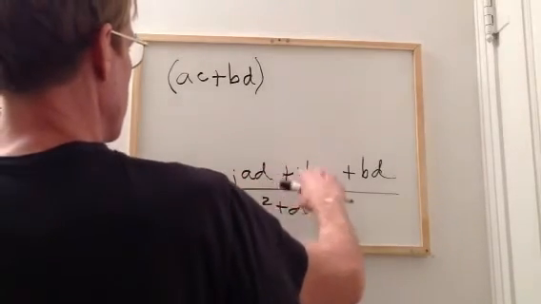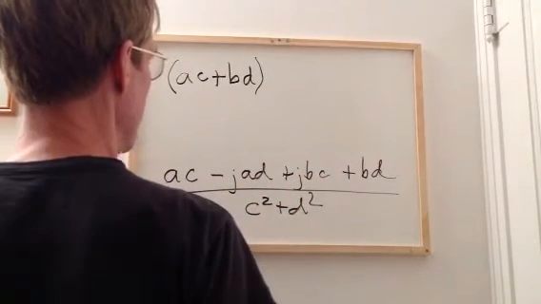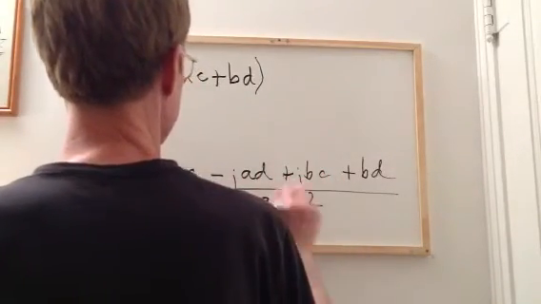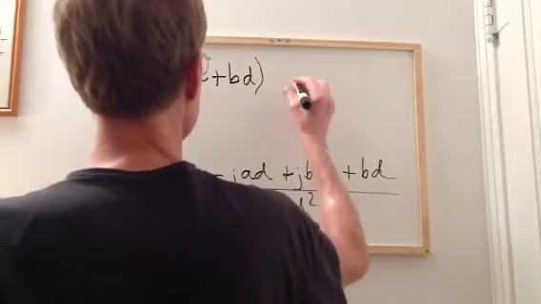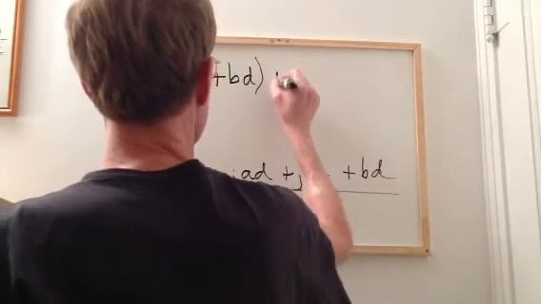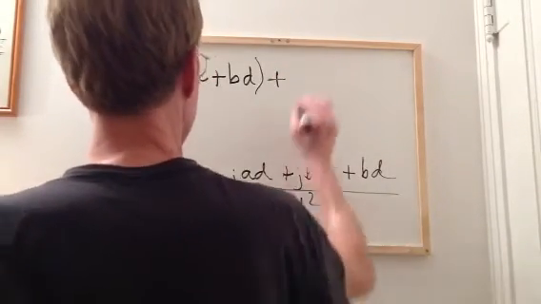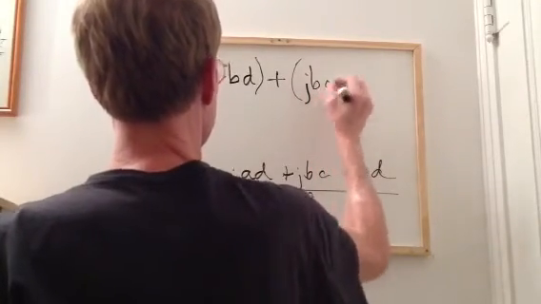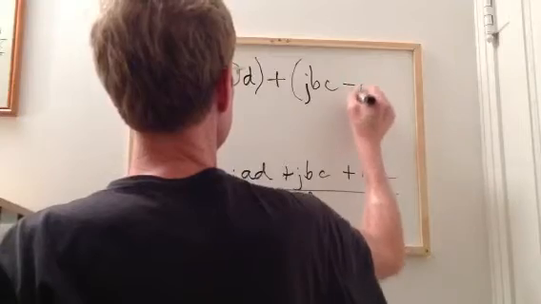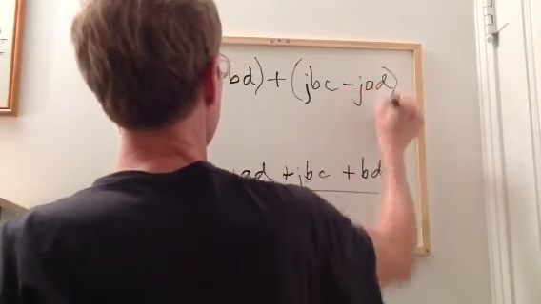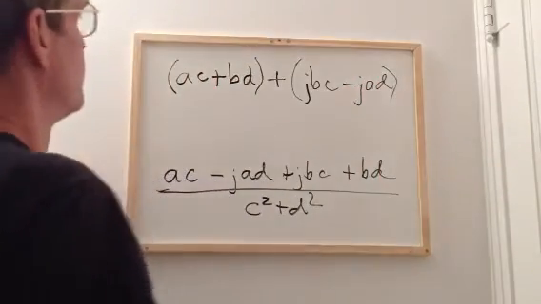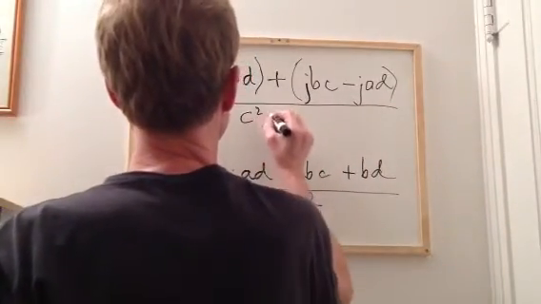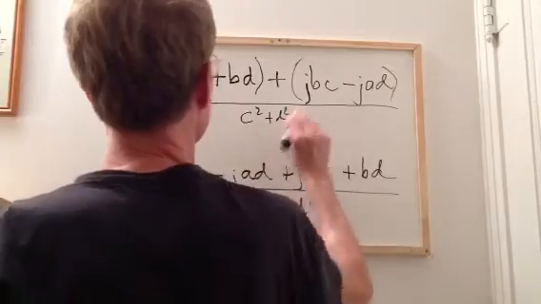Now we've got JBC minus JAD. We can switch this around and say it's plus the quantity JBC minus JAD. Again, all over C squared plus D squared.